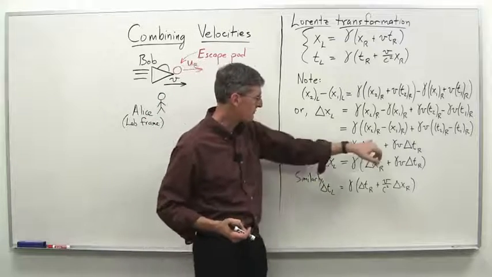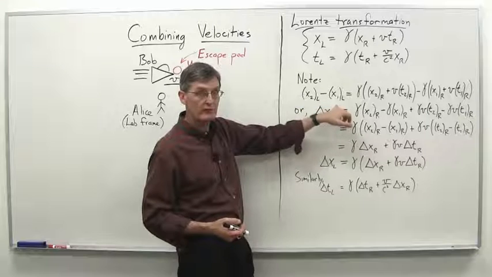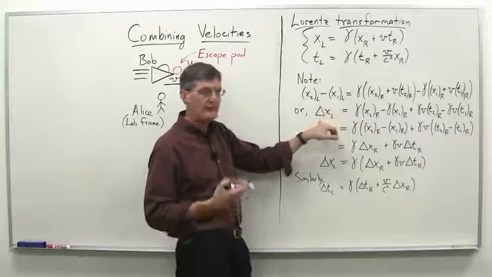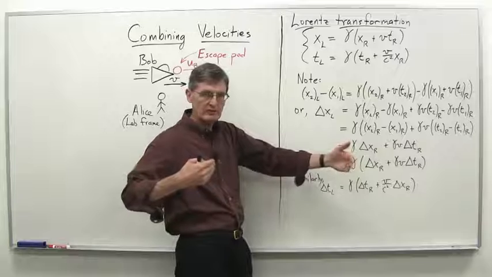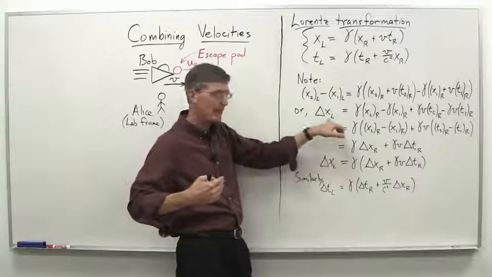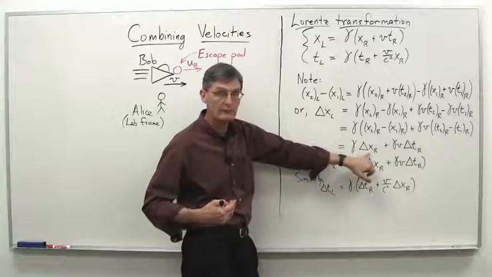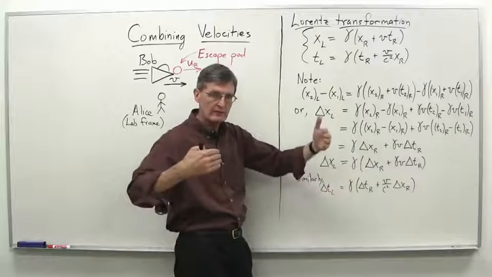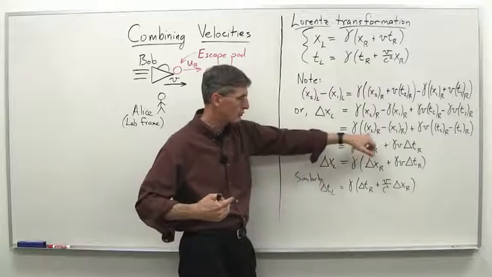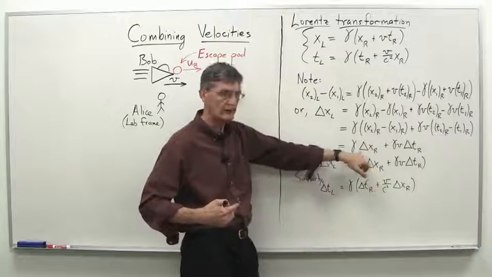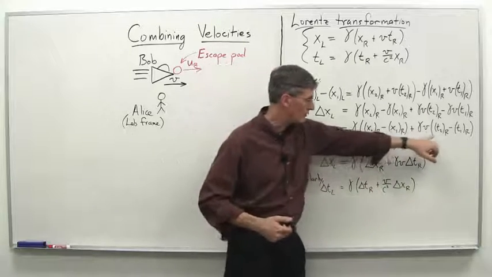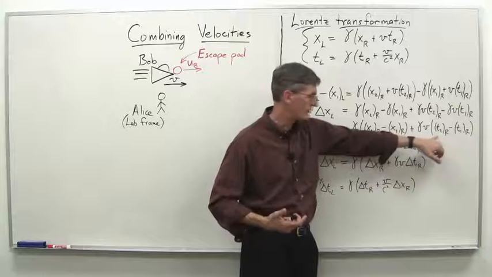In other words, if I've got x2 sub L minus x1 sub L, we'll call that delta x sub L, the change in x in the lab frame. And here I've got the same thing, but it's delta x sub r, the change in x in the rocket frame, just the x2 coordinate in the rocket frame minus the x1 coordinate in the rocket frame. And then in this term, I've got the same or similar thing, but for time.